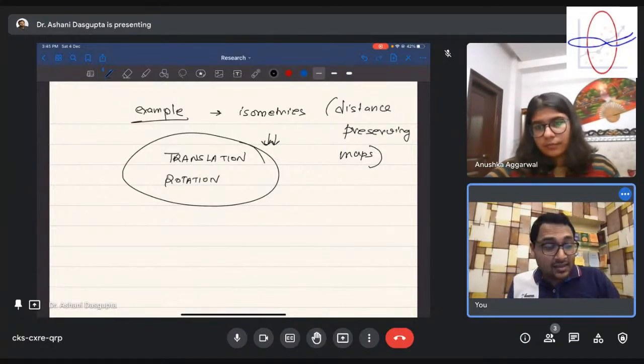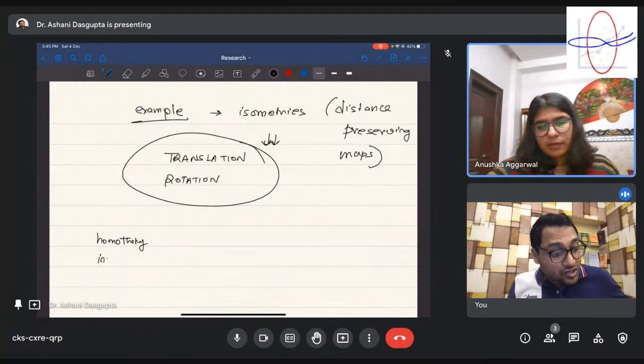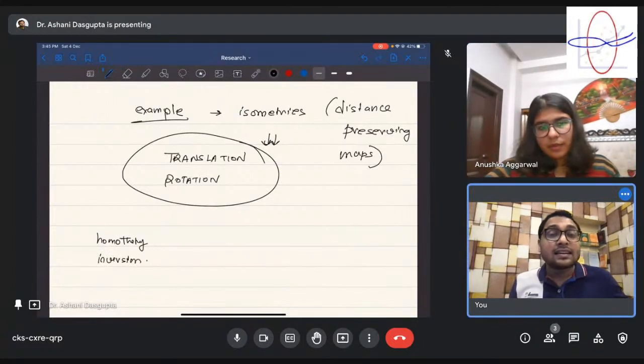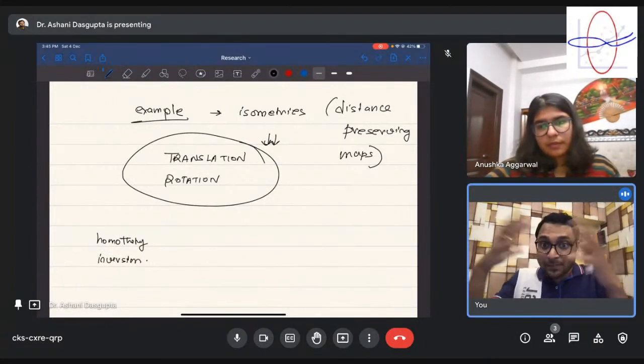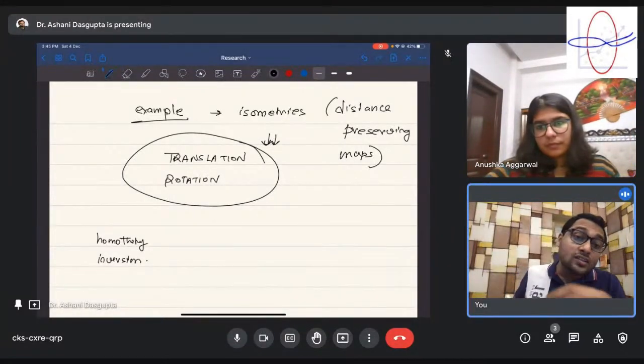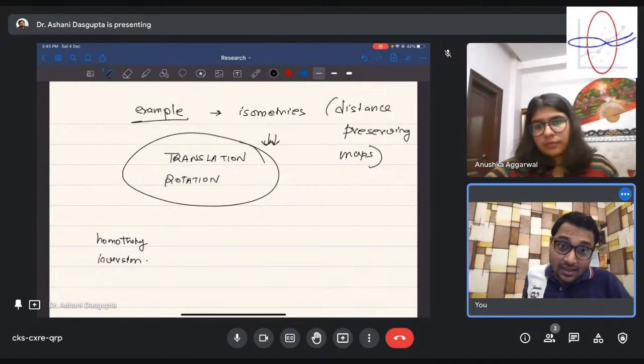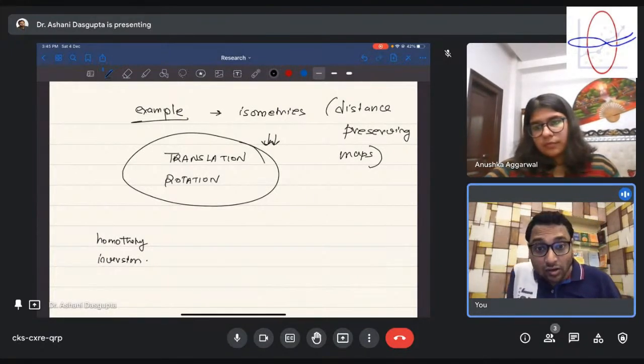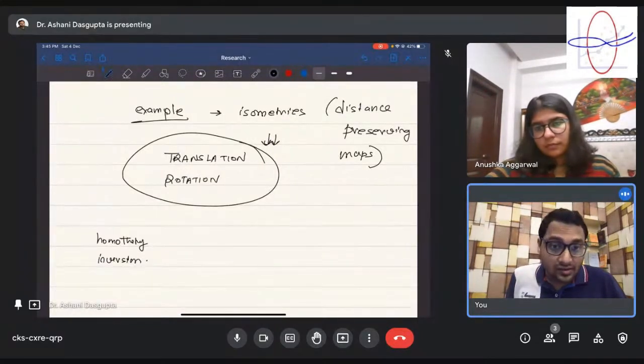In fact, when you look at homothety or when you look at inversion, that is things where their shapes are changing, even then we can say that those are also isometries, but those are hyperbolic isometries in the sense that the underlying set and the metric are different.